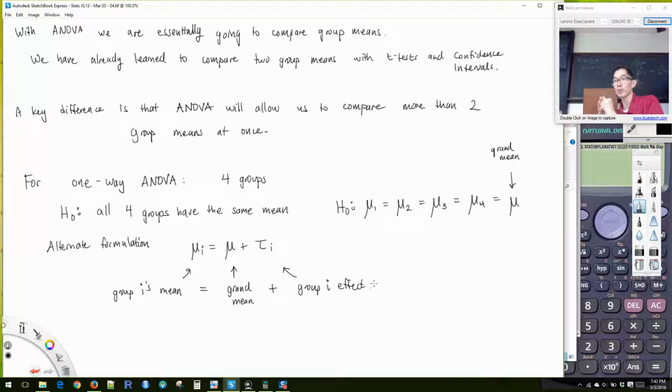And maybe the group effect for females would be minus 2 inches, so that the group average would be 5'5". So in this alternate formulation, the null hypothesis would be that all of the group effects, tau sub 1 and so on, are equal, and they're all equal to 0.